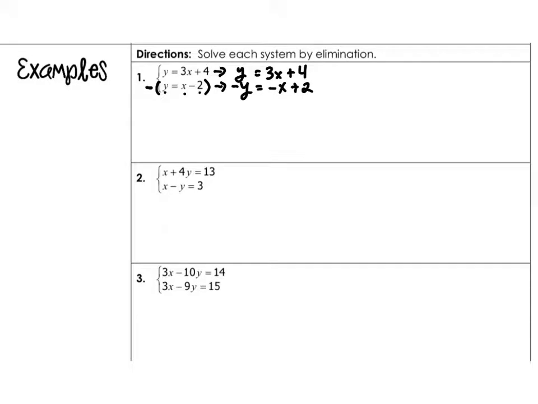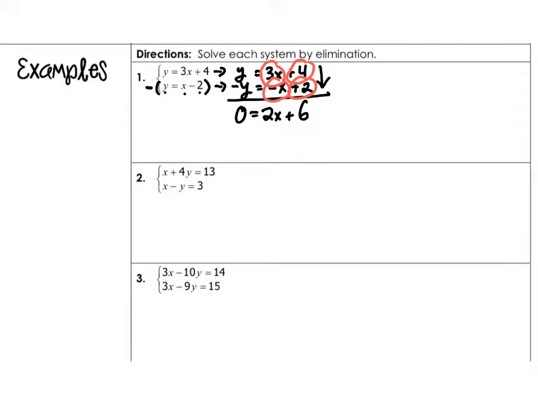And now we're going to go from the first equation down to the second equation. Okay, so we do 4 plus 2, which is 6. Then we do 3x minus x, which is 2x. So we have 2x plus 6. Then y minus y cancels out, therefore we have 0.